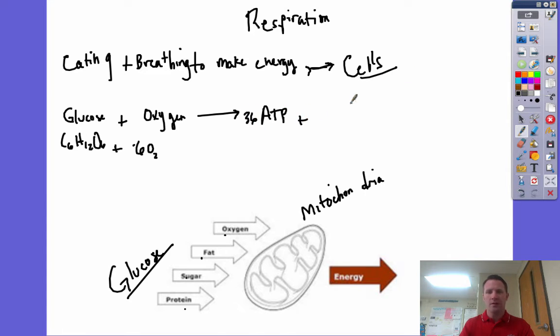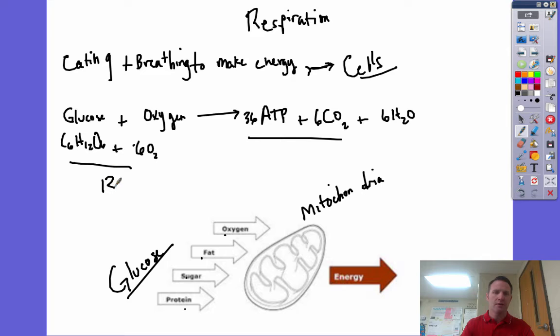We make carbon dioxide, which is CO2, we make 6 of those. And we make 6 H2Os, which is water. Okay, so here's the formula for respiration right there. Here's your reactants. Here's your products.